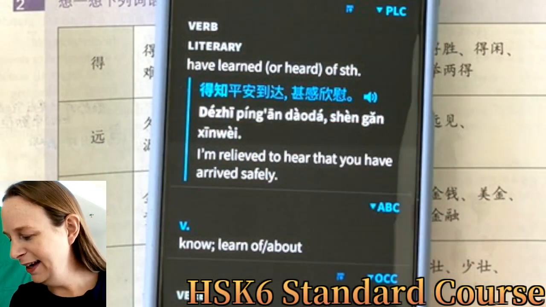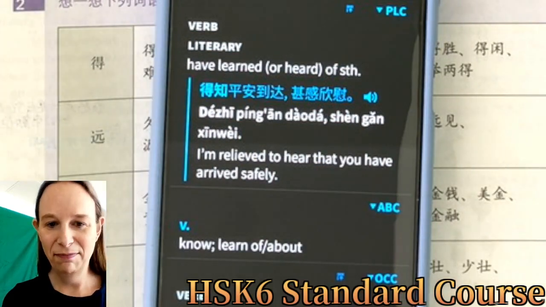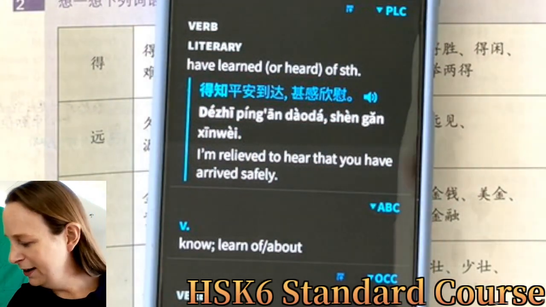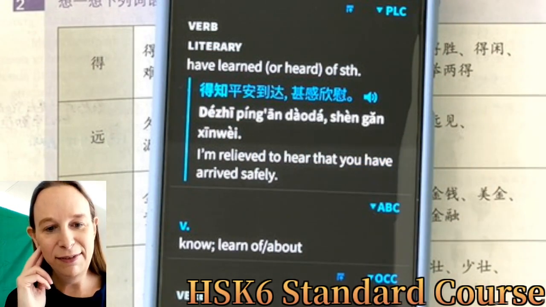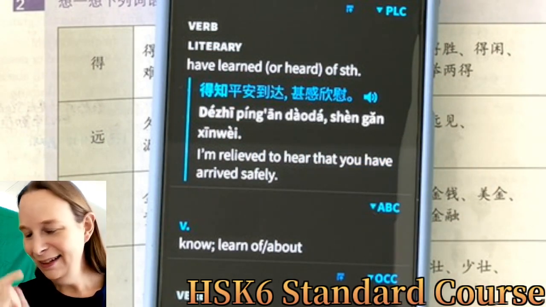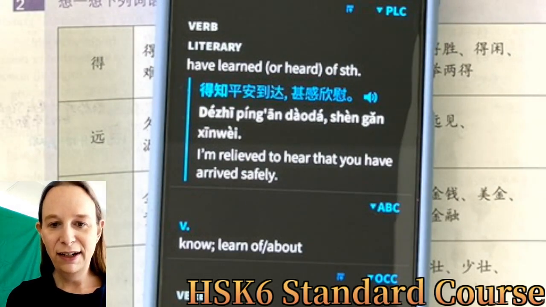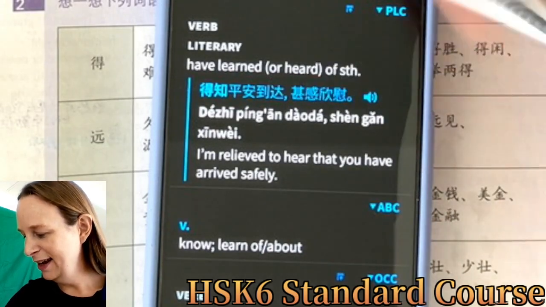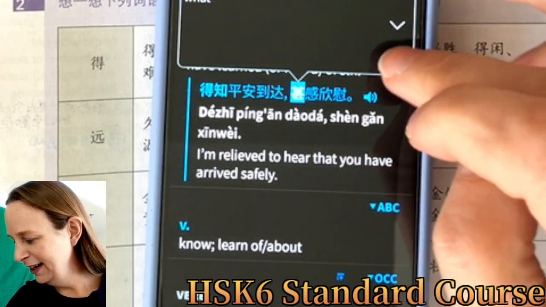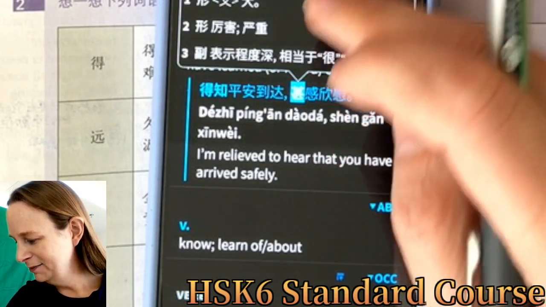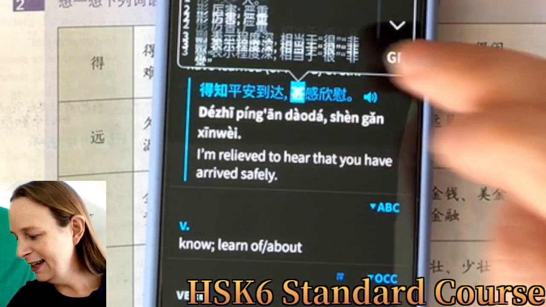So, after hearing of your safe arrival, okay. They've even left off the pronoun, right? 甚感欣慰. 甚, here I think it's a large amount.